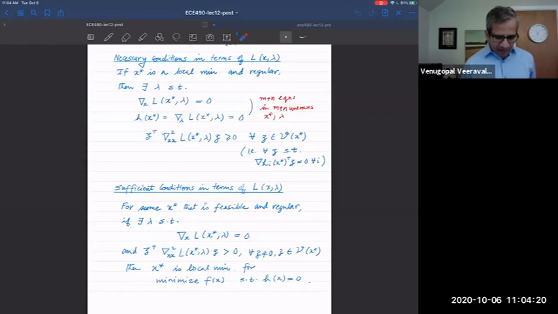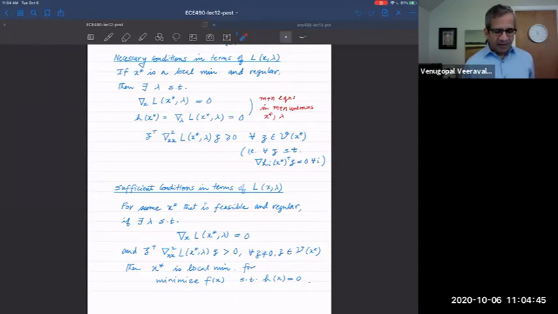So usually what we do is use the first order necessary conditions to find possible candidates for a local minimum, and then we use the second order sufficient condition to verify whether those are indeed local minima or not.